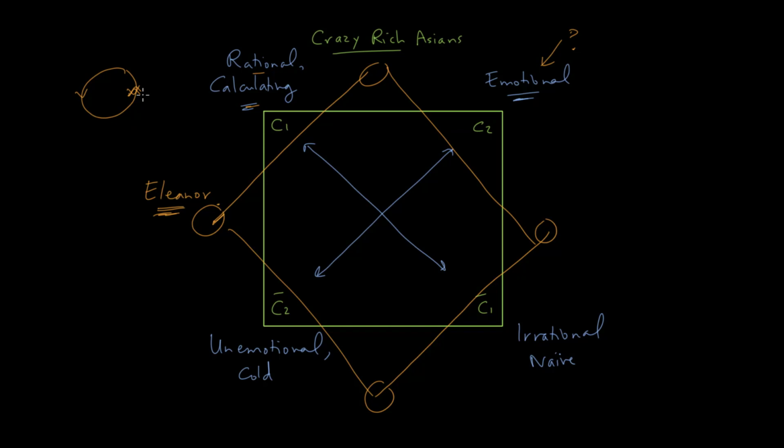So if we think about this top part of the square, this is where a lot of the action happens. And you can see this right at the beginning. In fact, the movie, close to the beginning, it starts with a poker game, right? We have this poker game scene, and you can see that the poker game is all about this tension between acting in a rational, calculating manner and then being full of emotion.